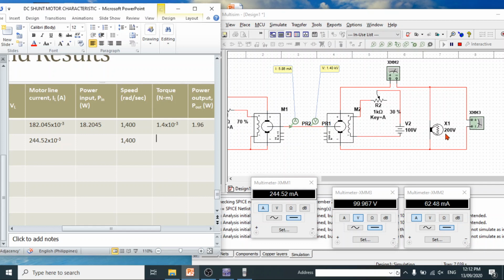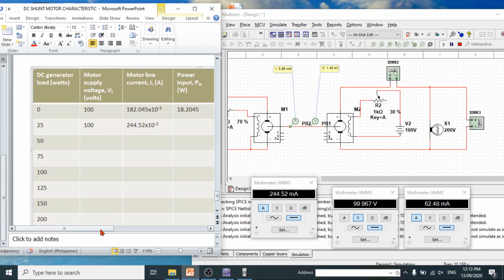That means when the generator starts to deliver electrical load, for the prime mover or the mechanical source, the generator will now be heavier to rotate, thereby it exerts more torque. This time the torque is 5.86. Then the output power together with the efficiency.